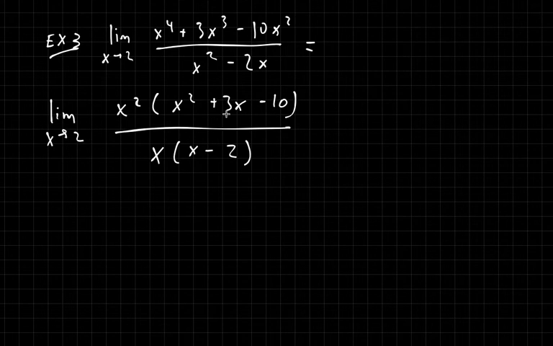Okay, so this is the same thing as this. It appears that we still will get indeterminate form because if you plug in 2 into here, that's 0, right? So the bottom is still 0. So the number will not be an actual number. So we have to keep simplifying.